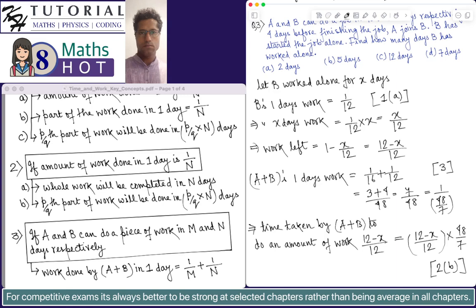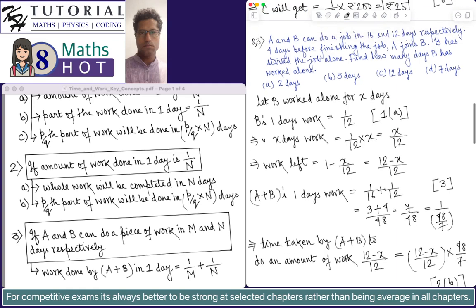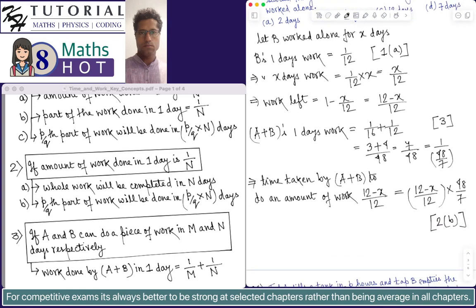Okay, so we have this. Now this time taken, which is 48 by 7 multiplied by 12 minus x by 12, has to be equal to 4, because the remaining amount of work was completed by A and B in 4 days. So 48 by 7 multiplied by 12 minus x by 12 is equal to 4.